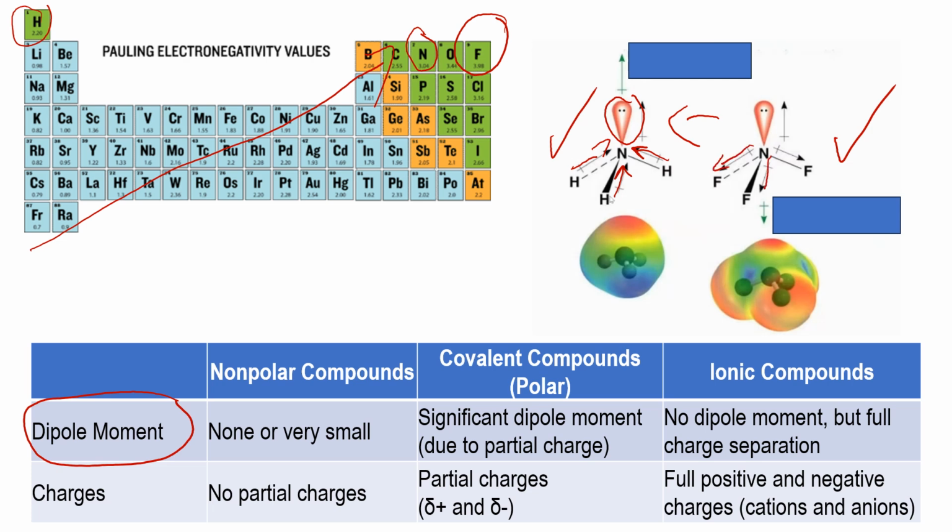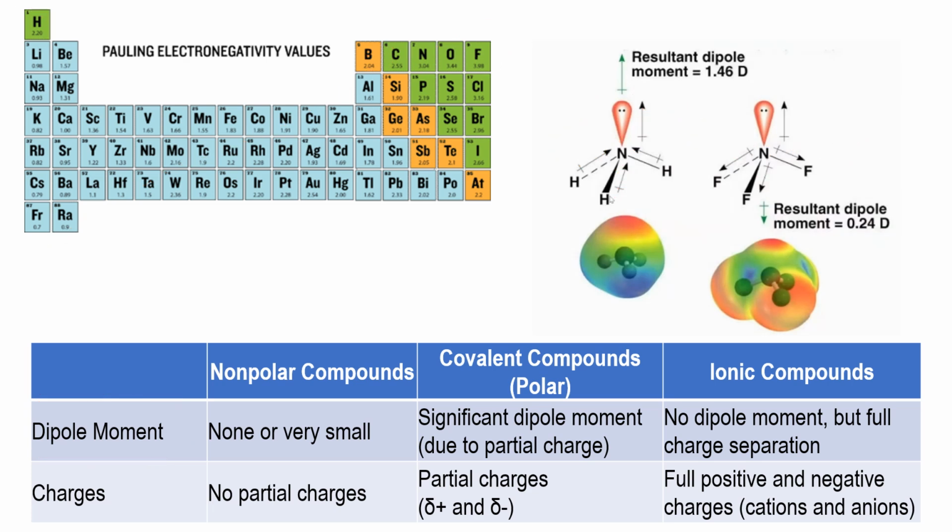So the resulting dipole moment, despite its similar shape to ammonia, in nitrogen trifluoride points away from nitrogen towards the fluorine atoms. However, you will see here that you still have a dipole moment for nitrogen trifluoride. Question: is the dipole moment for nitrogen trifluoride larger or smaller than that of ammonia?